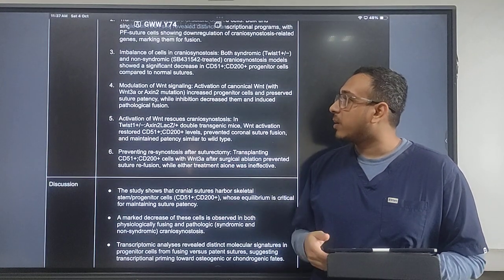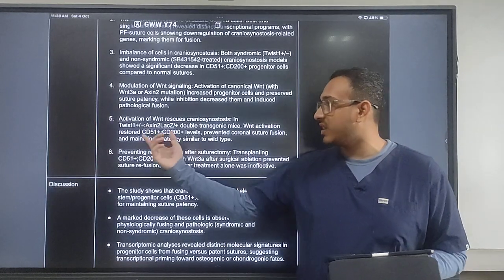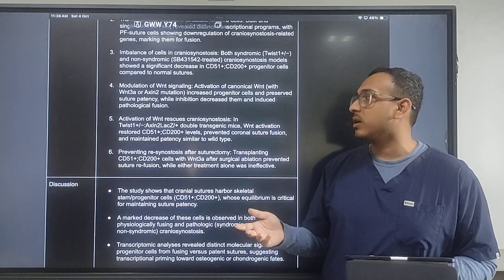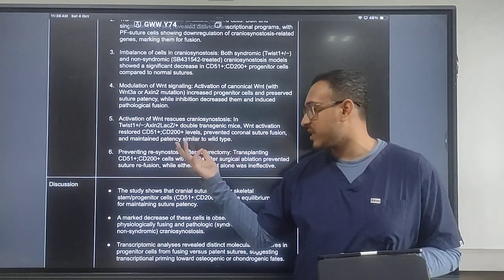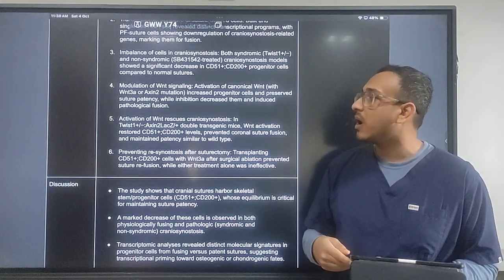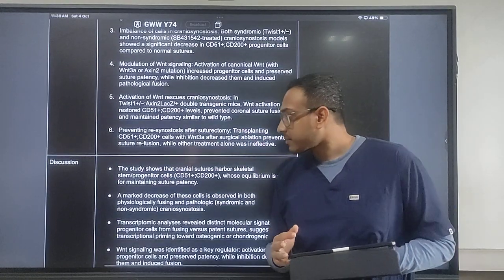The activation of WNT rescued craniosynostosis. In these strains of mice, WNT activation restored the skeletal stem cell level and prevented coronal suture fusion, maintaining the patency similar to the wild type.